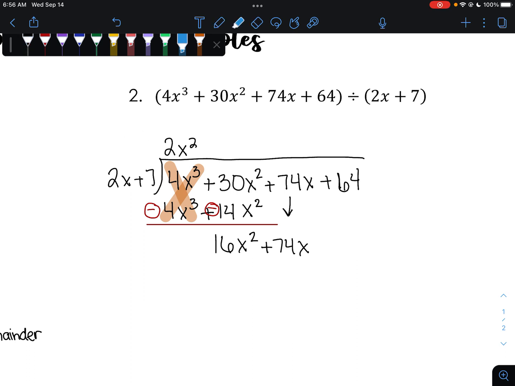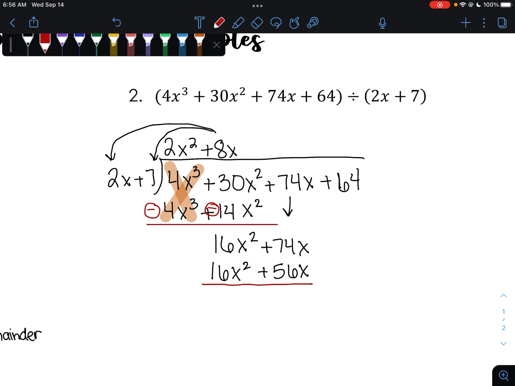What times 2x gives me 16x squared? That would be a positive 8x, so plus 8x. 8x times 2x is 16x squared. 8x times 7 is a positive 56x. I go ahead and draw my line, change all my signs.